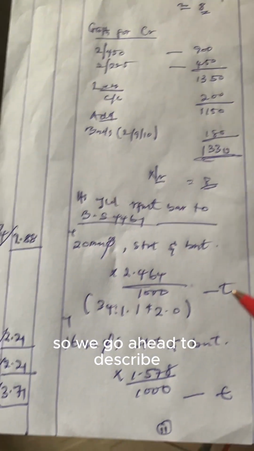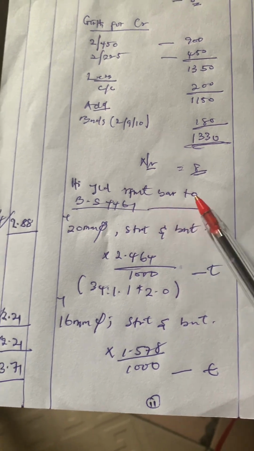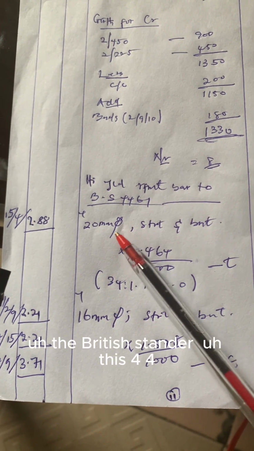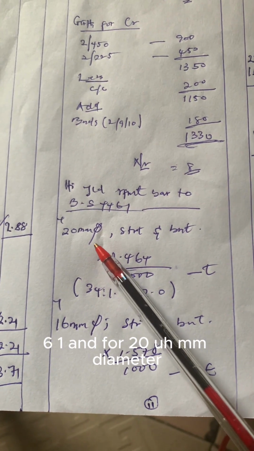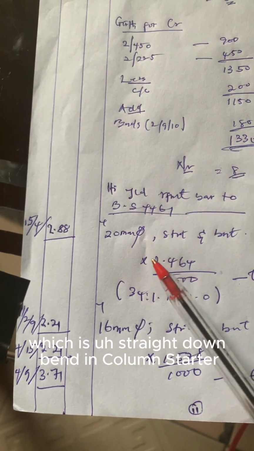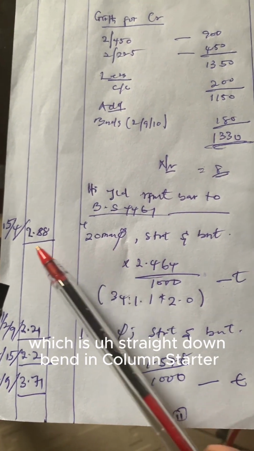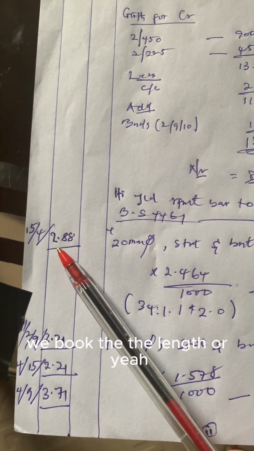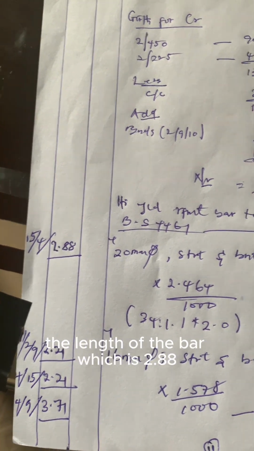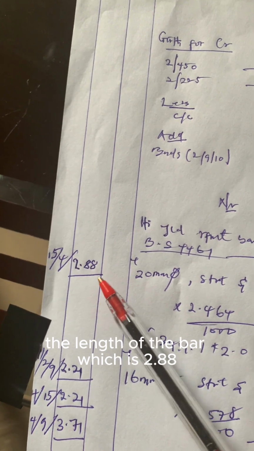So we go ahead to describe a high yield reinforcement bar to British standard. That's this 4461, and for 20 mm diameter, which is straight and bent. In column starter, we book the length of the bar, which is 2.88.